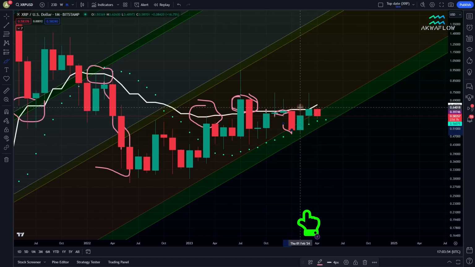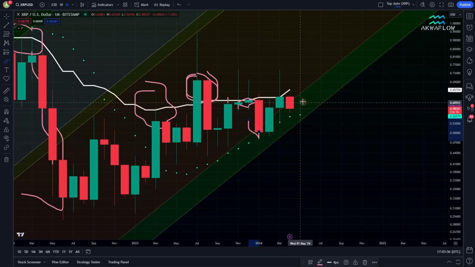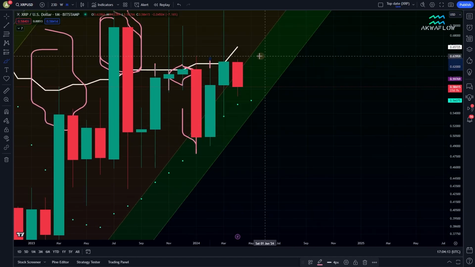Then we went up, we touched the line again with this candle, but we got rejected to the downside. Then we went up, we pierced the line again, but we got rejected by it, and you see we are still pretty close to the white line. I'm not sure if it is above or below it, but still no full candle body closing above the white line.